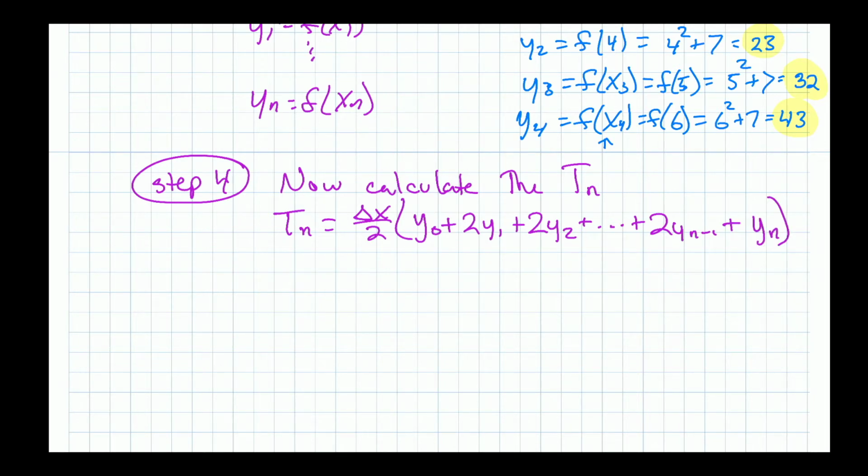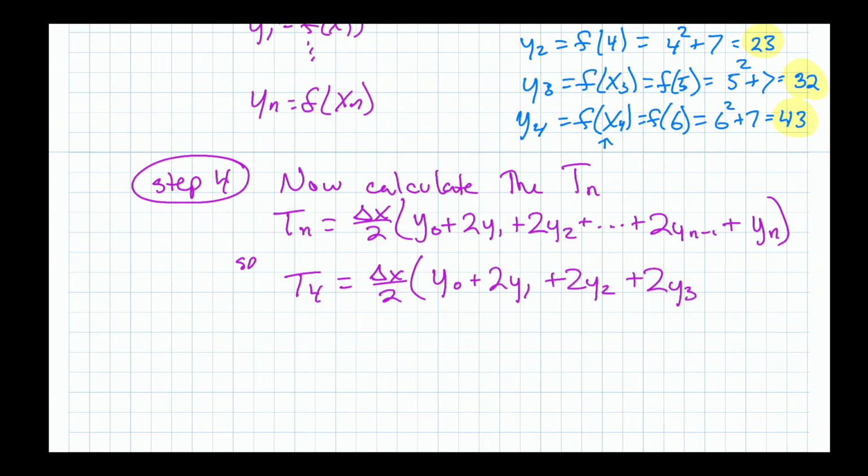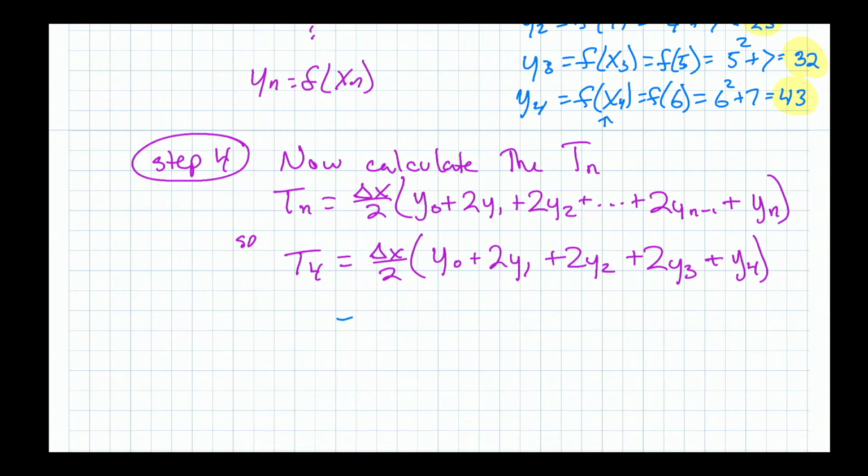Now for us, we're doing T4, so it's delta x over 2 times y0, 2y1, 2y2, 2y3, and when you get to the last one, it's just y4. So for us, this is what we're going to be using. So we just put in the numbers. So we need delta x. What's delta x? You have to calculate it. Well, we already calculated it. It's 1.